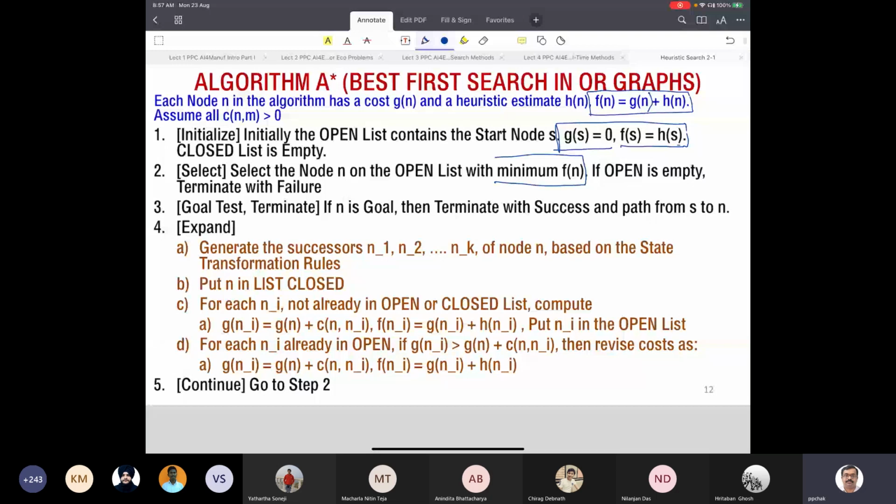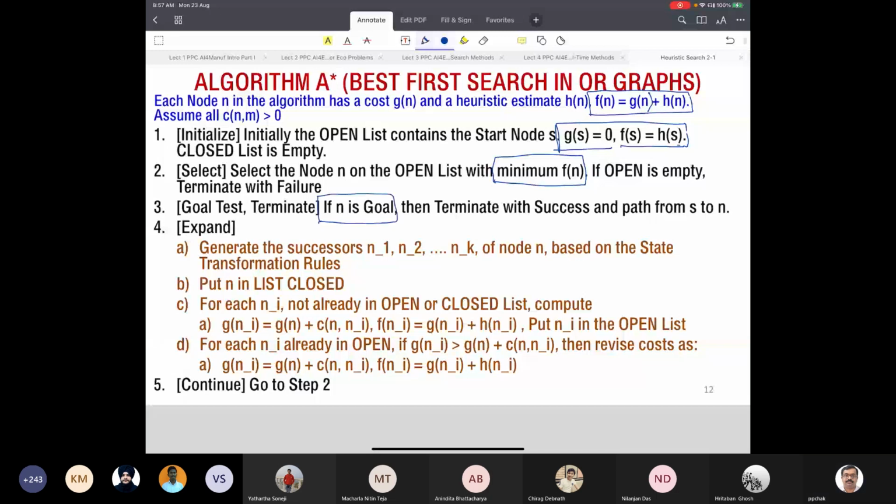If open is empty, we terminate with failure. So we select a node with minimum Fn. Then, like in breadth first search, we terminate at the first goal. If n is goal, we terminate.